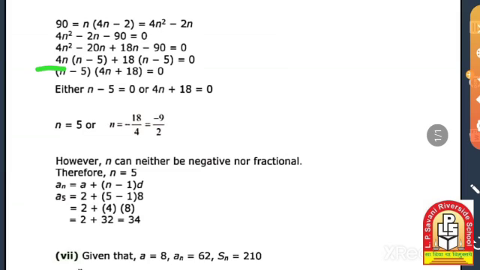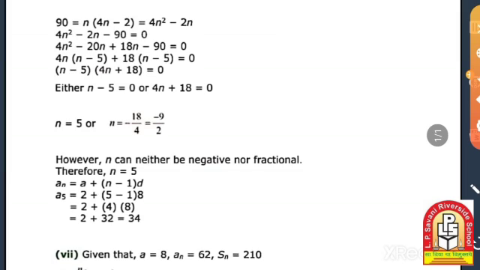After taking 4n from the first two terms, we got n minus 5 in the bracket. From the next terms 18n minus 90, we take 18 common, and we get 18 into n minus 5.